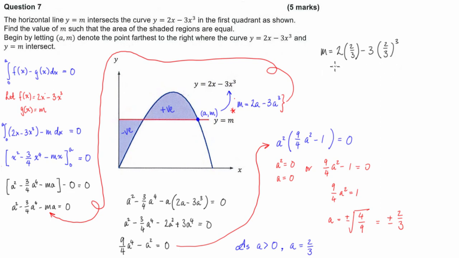Now this is going to be equal to 2 times 2/3 is 4/3 minus, we've got 2 to the power of 3, 3 to the power of 3, so that's going to be 8 over 27. 8 times 3 is 24.